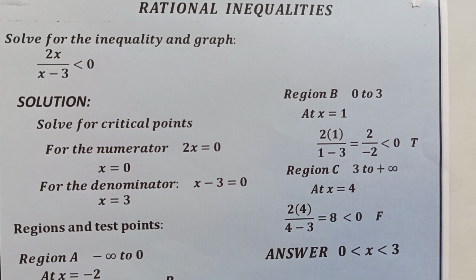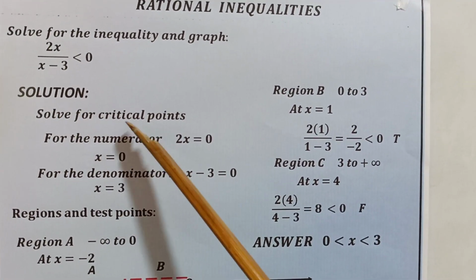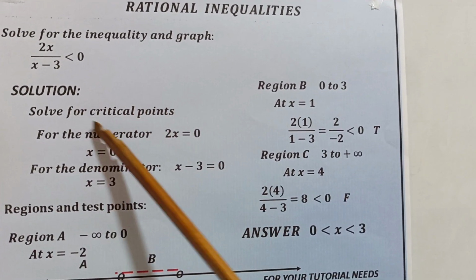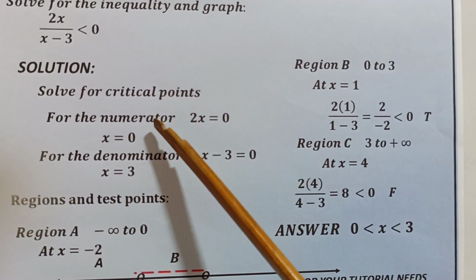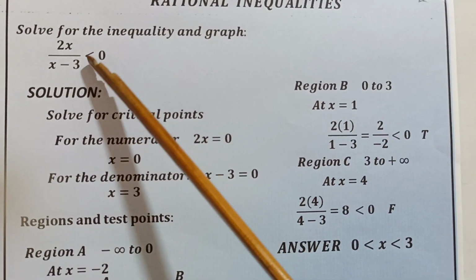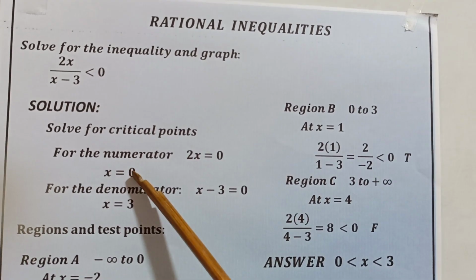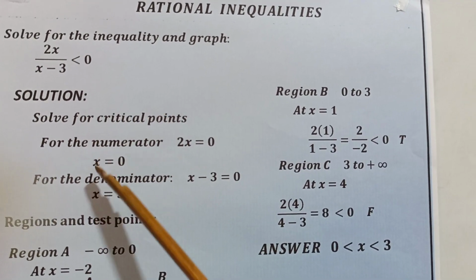For our solution, the first step will be to solve for the critical points. How are we going to solve that? First, we're going to rewrite this inequality as an equation, and then solve for the value of x, for each of the numerator and the denominator.